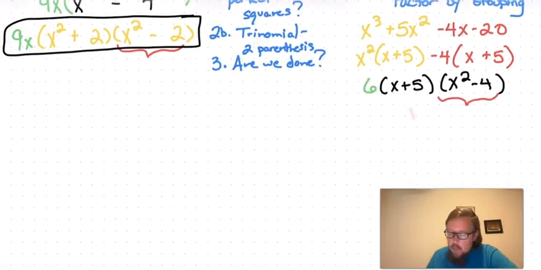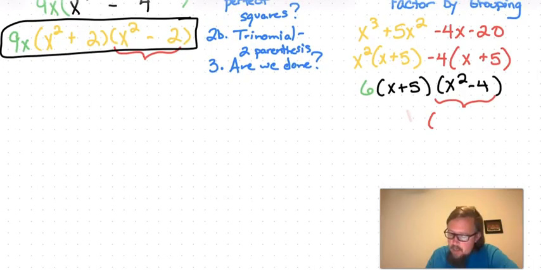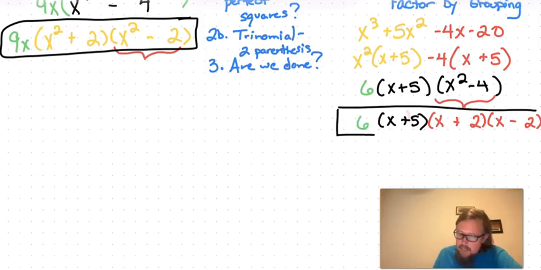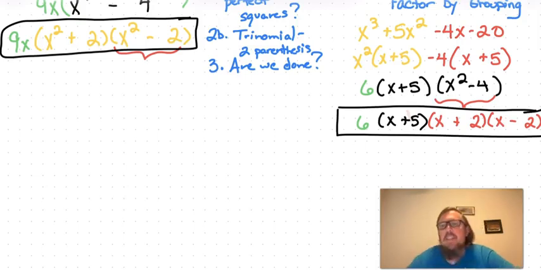The square root of x squared is x, and the square root of 4 is 2. And it's a difference of squares, so plus minus. And then we've got that x plus 5 in the front, and then we've got our 6. So this actually factors, believe it or not, into 3 parentheses, and there's our solution there.